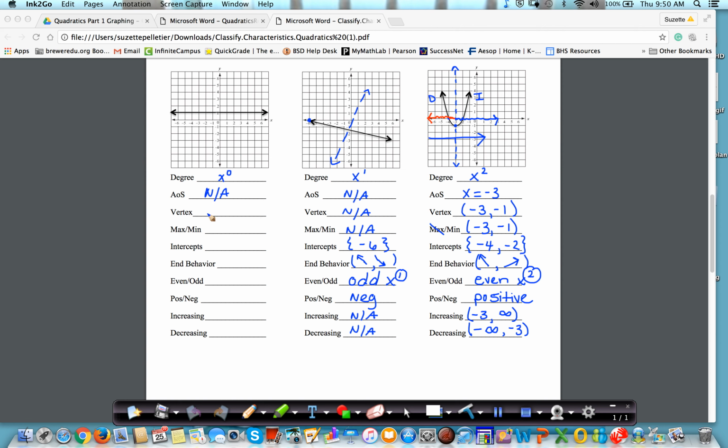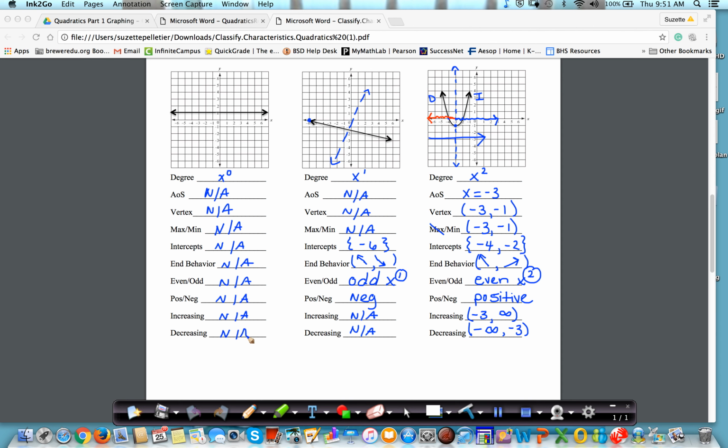It doesn't have a turning point or a vertex. It does not have a higher or lower point. It does not cross the x-axis anywhere. Its end behavior is flatline, so we don't talk about it. It's not going up or down. It is neither an even nor odd function because it's a power of 0. It's not positive or negative, and it's not increasing or decreasing.